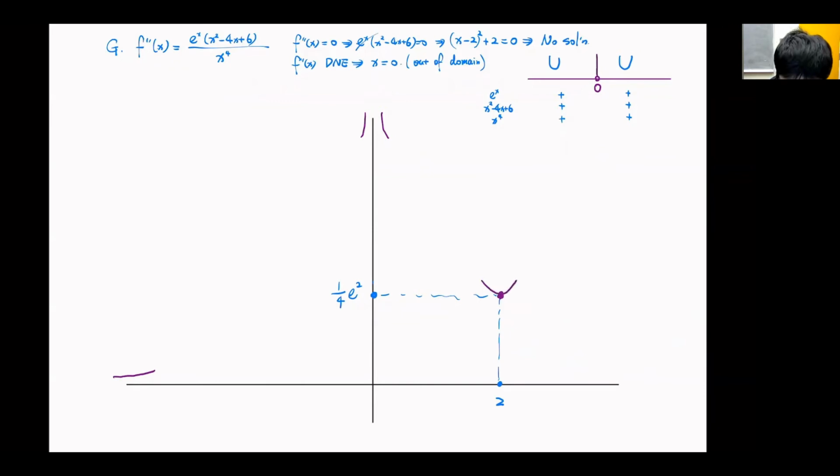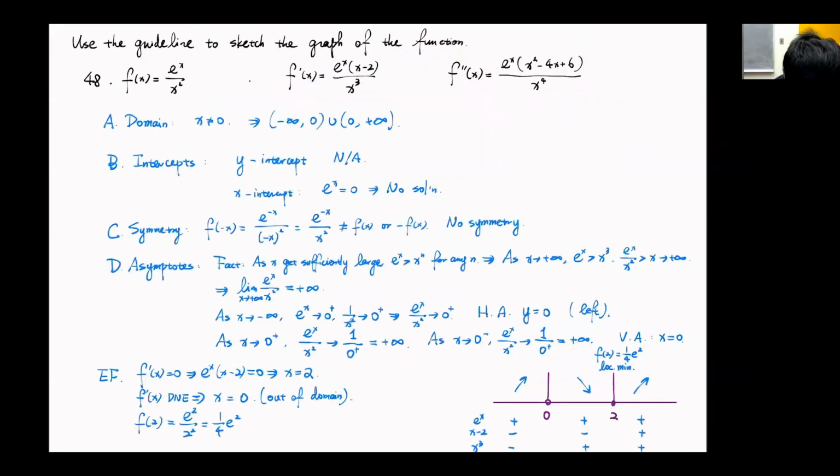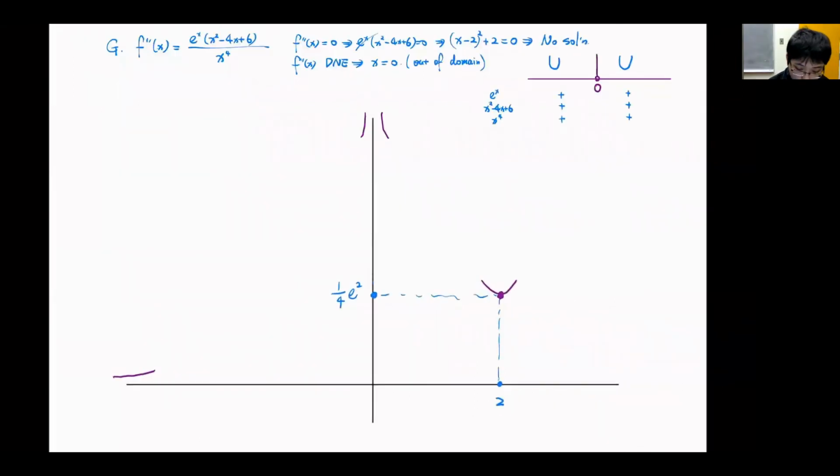Finally, to the very right, we have concluded that the limit is going to be infinity. This way means it's going up to infinity. Now we are ready to connect the bits. We know that the function is increasing in a way that's concave upwards at x less than 0. So we can make the connection like this.